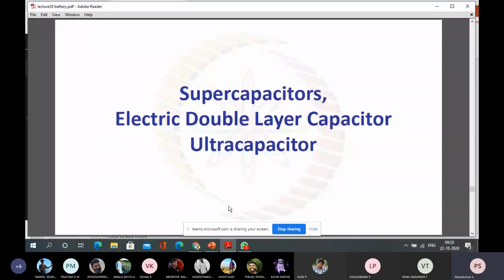Of course, the fuel cell is also doing this. As far as the fuel cell is concerned, we need hydrogen. If you have 99.99 percent pure hydrogen, only then can I get this type of electron.